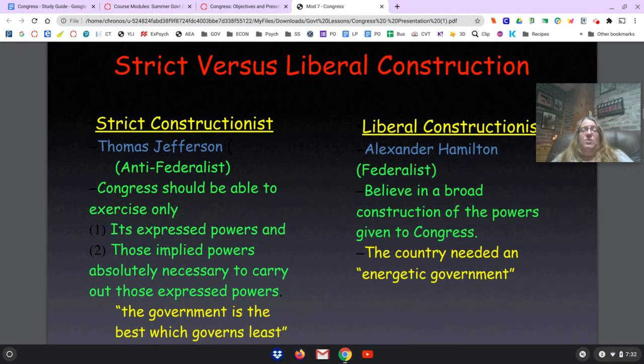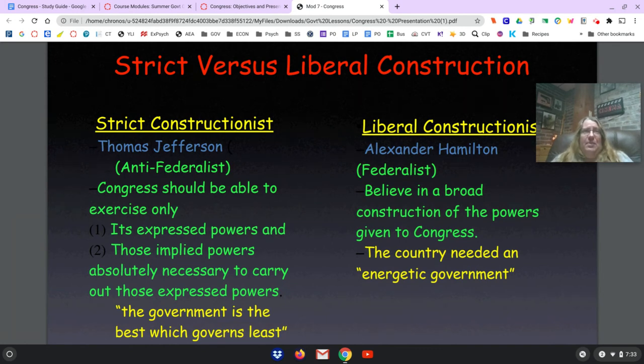Now, one of the things you need to be aware of is that when we interpret the Constitution, we have strict constructionists versus liberal constructionists. A strict constructionist says it should only be what's in Article 1, Section 8, Clauses 1 through 17. We shouldn't be expanding this. We shouldn't have a Department of Education on a federal level. That's a state power. We shouldn't have a Department of Housing and Urban Development.